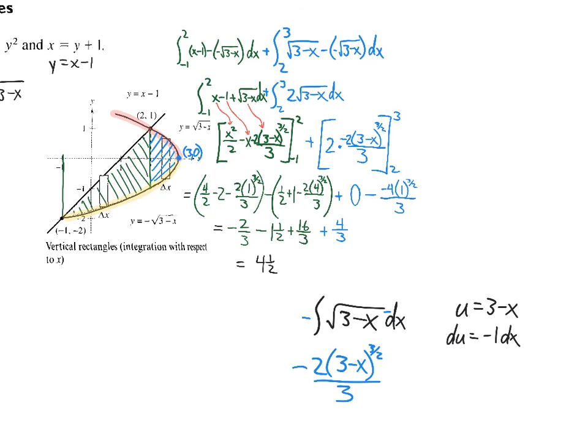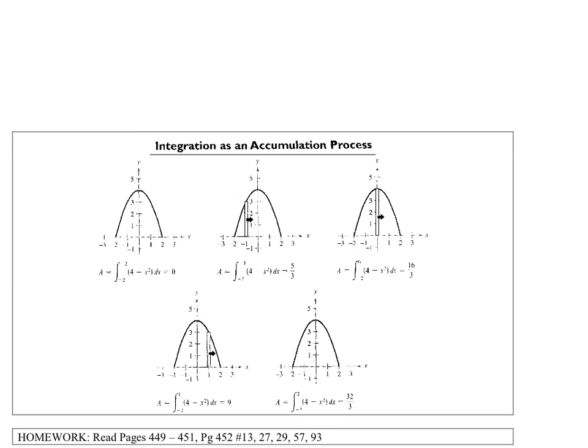So that's how we got this -2 times 3 minus x to the 3/2 over 3. The 2 up front threw me off, and I think I messed up my substitution. I didn't put the extra minus. It's a good review for us. Alright, thank you.